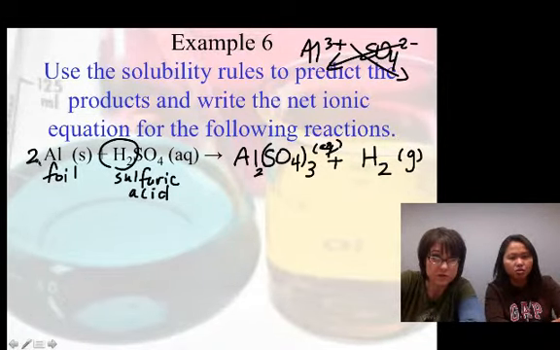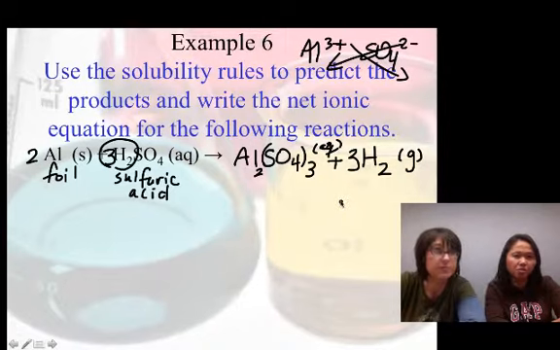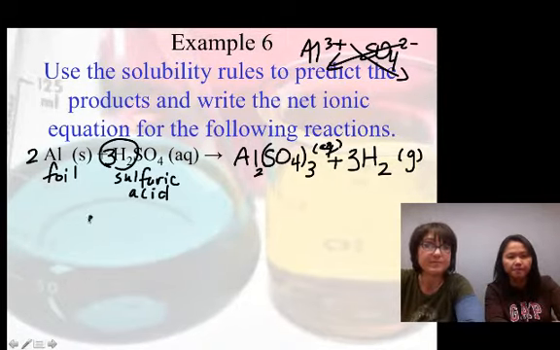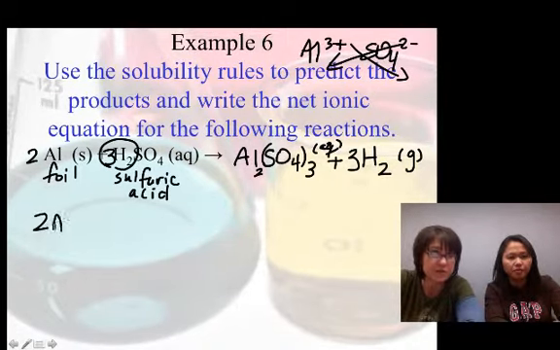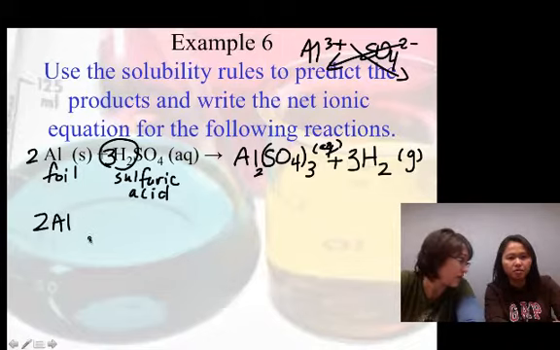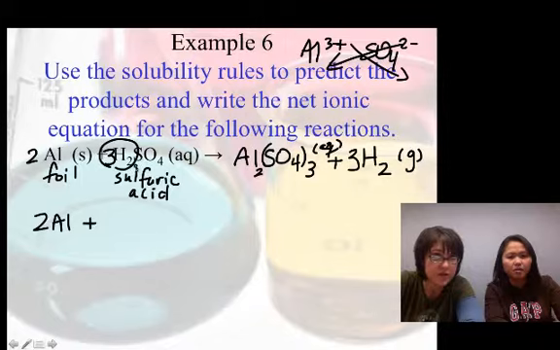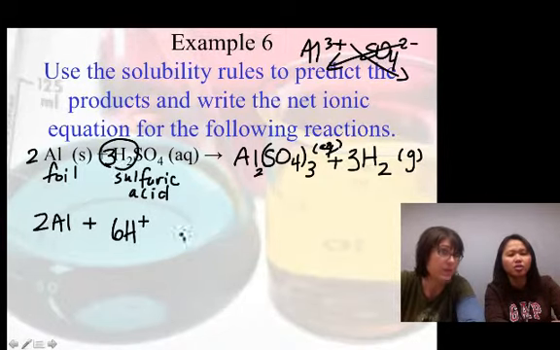So we have 2 Al and 3 H2SO4. How's that look? 3 times 2 is 6. That looks fine. Okay. So now 2 aluminums, solid. I can't make it ions. Now sulfuric acid is going to be 6H, 3 times 2 is 6.